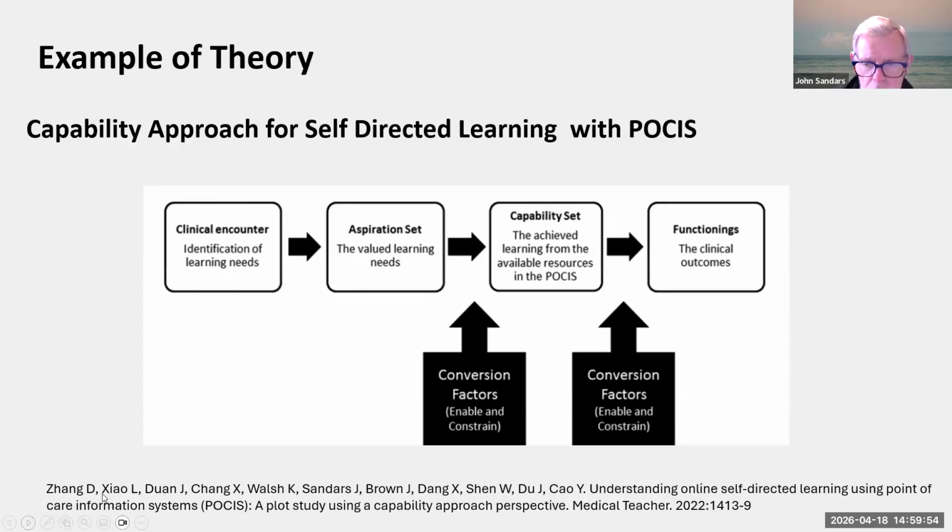They might have got new learning and information, but can they put it into practice? And we looked at what's called conversion factors, the factors that enable and constrain. Now, by having this structure, it's much easier to compare it with other point of care information systems and for other areas, because you have this rich understanding which is much, much more structured.